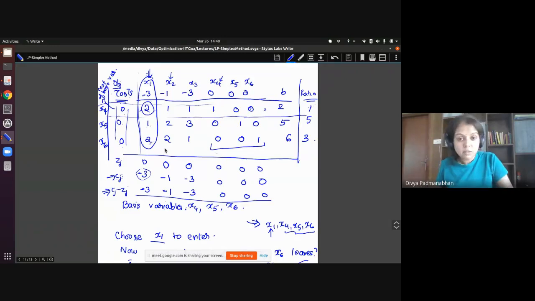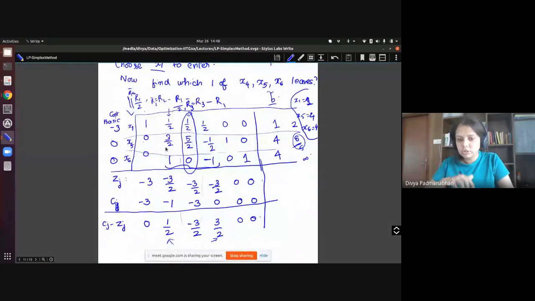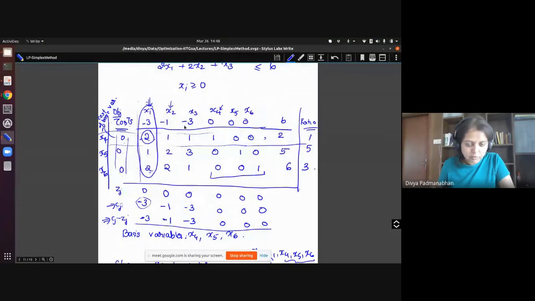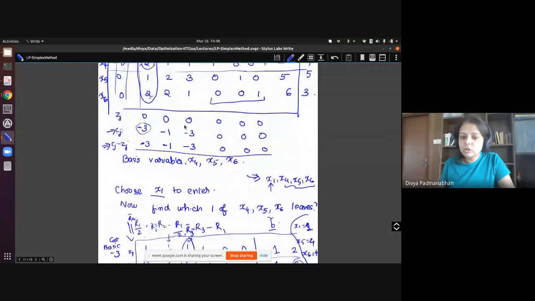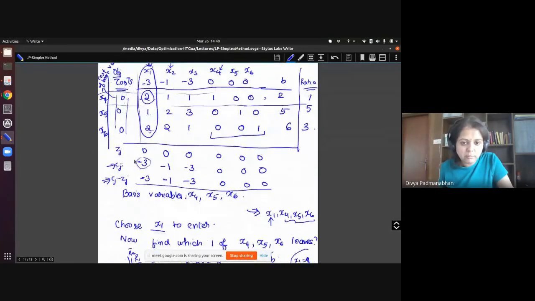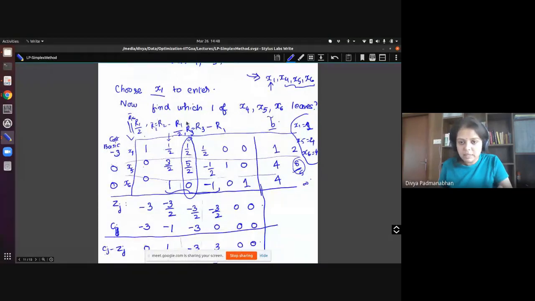Okay, so that's actually a good exercise for you to try. What happens if you choose x3 at this step? One thing you can note here is that after choosing x1, we found one more tableau. We chose x1, x5, x6, and in the next step, you're going to choose x3 to enter. So x1 and x3 are both going to be part of this basic feasible solution.